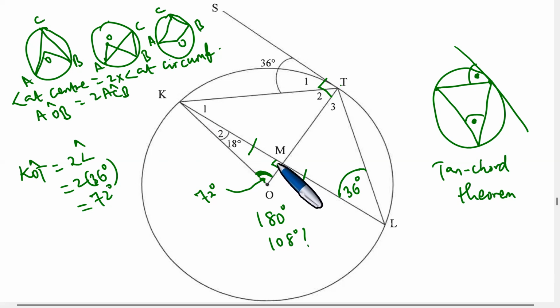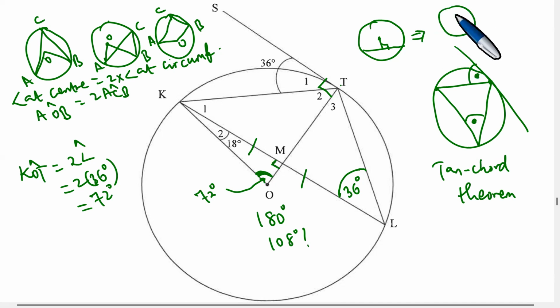And if this is 90 degrees, it would therefore mean that you have a perpendicular line here. So in mathematics, we say that if you have a circle and a line from the center that is perpendicular to a chord, this means it bisects the chord. Like so.